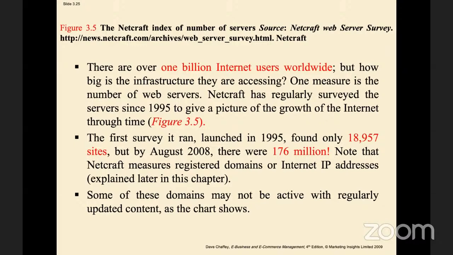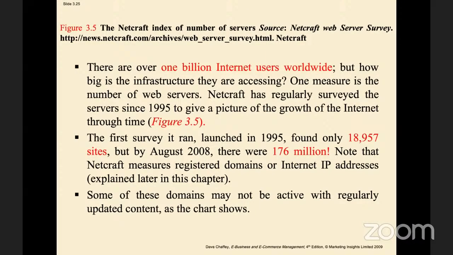Note that Netcraft measures the registered domains or internet IP addresses. So it only measures the registered domains that have a record, that are being seen or followed by people and companies around the world, not the fake ones. So this is pure original data.